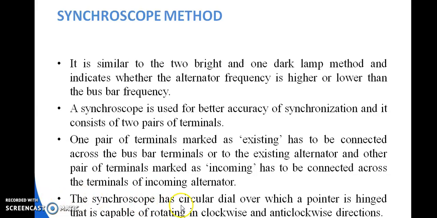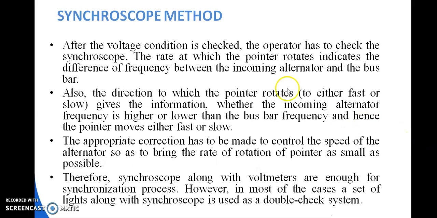The synchroscope has a circular dial over which a pointer is hinged that is capable of rotating in clockwise and anti-clockwise directions. After the voltage condition is checked, the operator has to check the synchroscope.